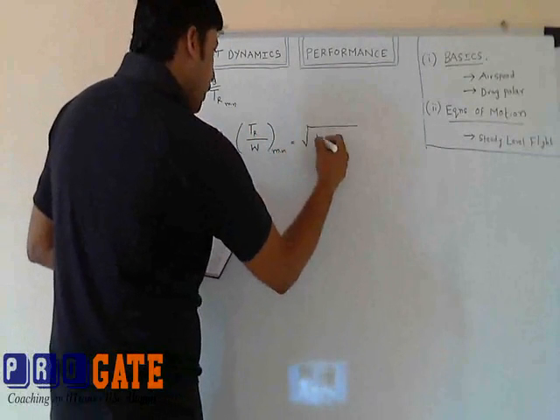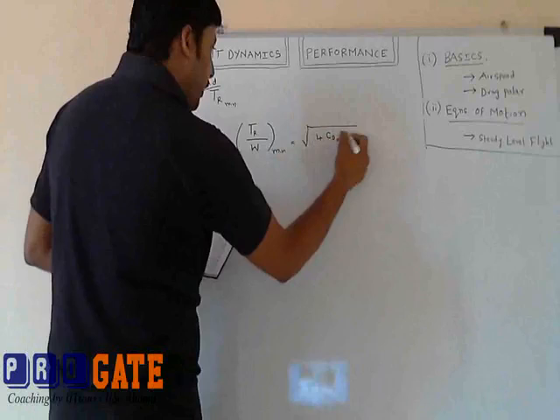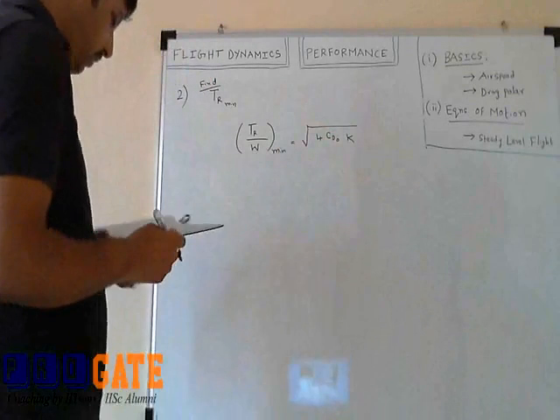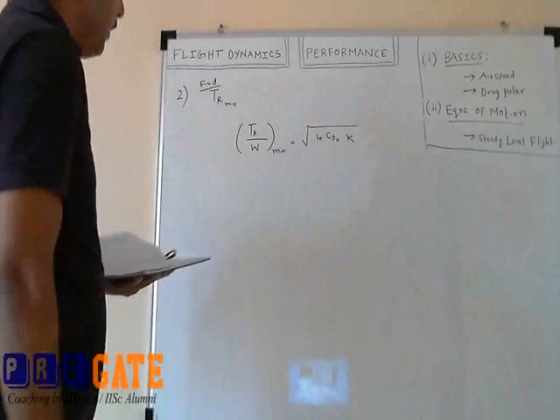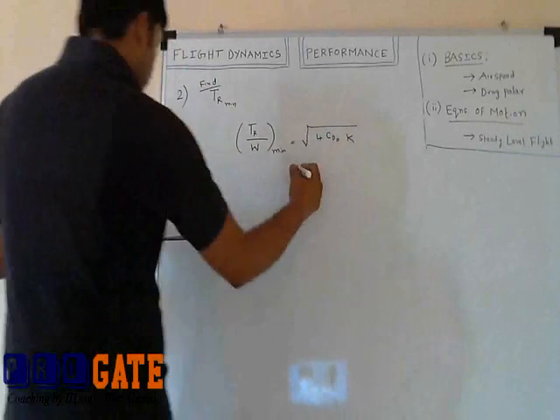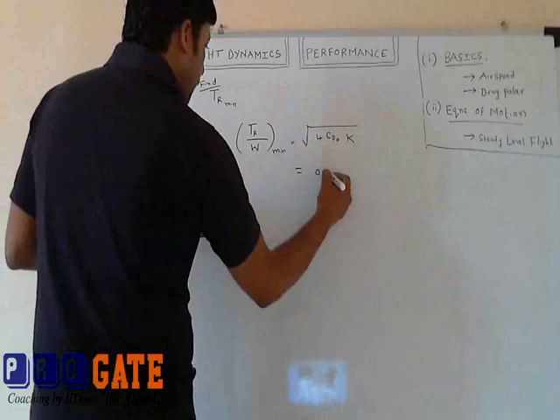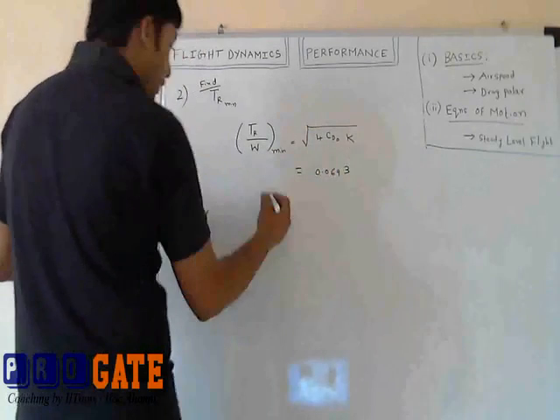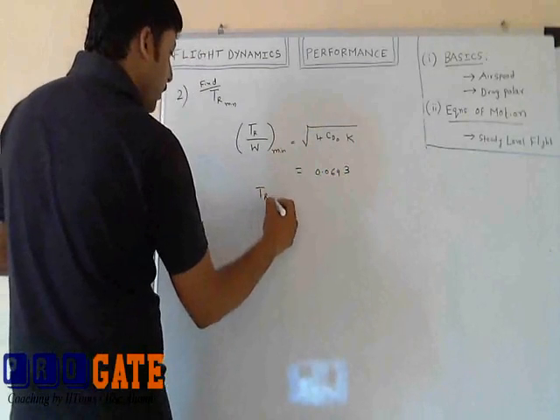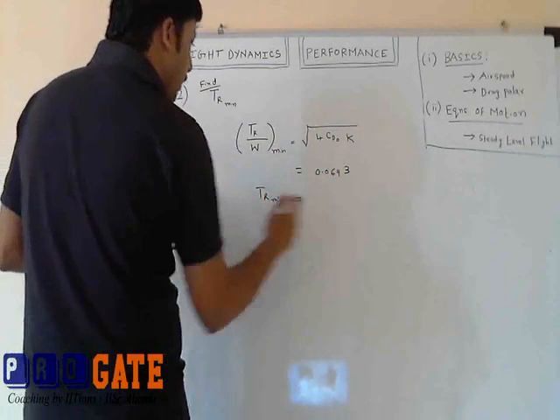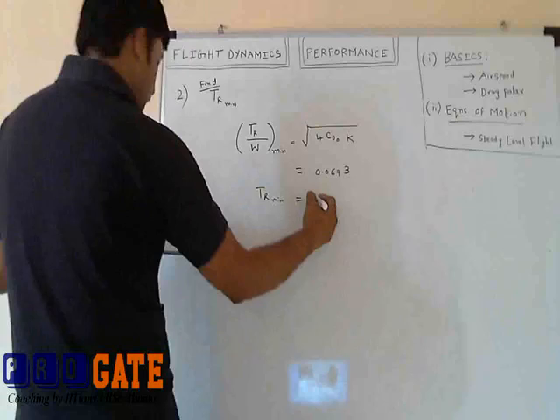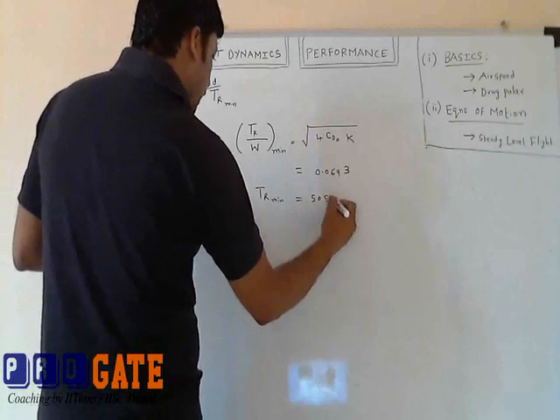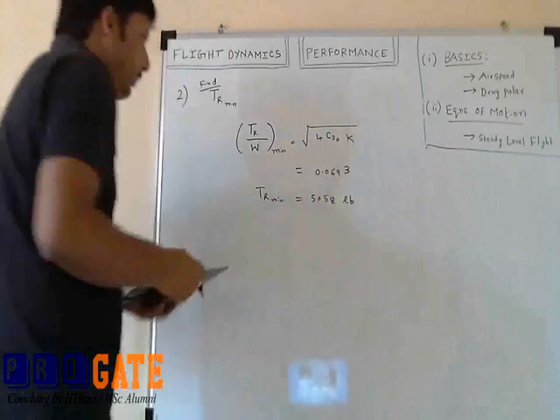Root of CD naught into K. So this, you multiply by W, you get 50.8 pounds.